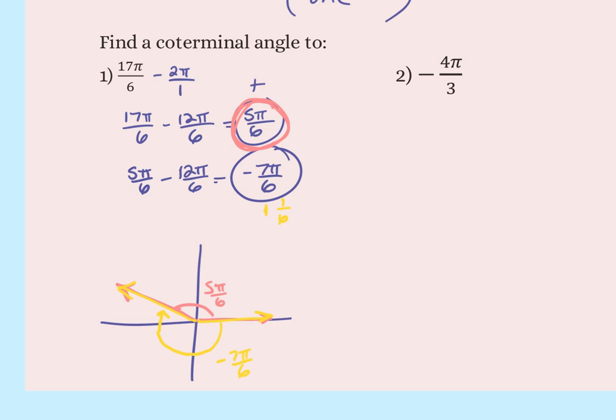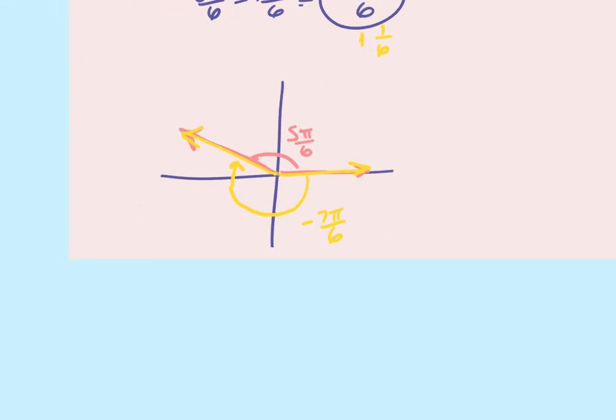And then 17 pi over 6. Convert that into a mixed number: 2 and 5/6 pi. So 2 means all the way around my circle once, and then 5/6 more, and I start at the same spot.